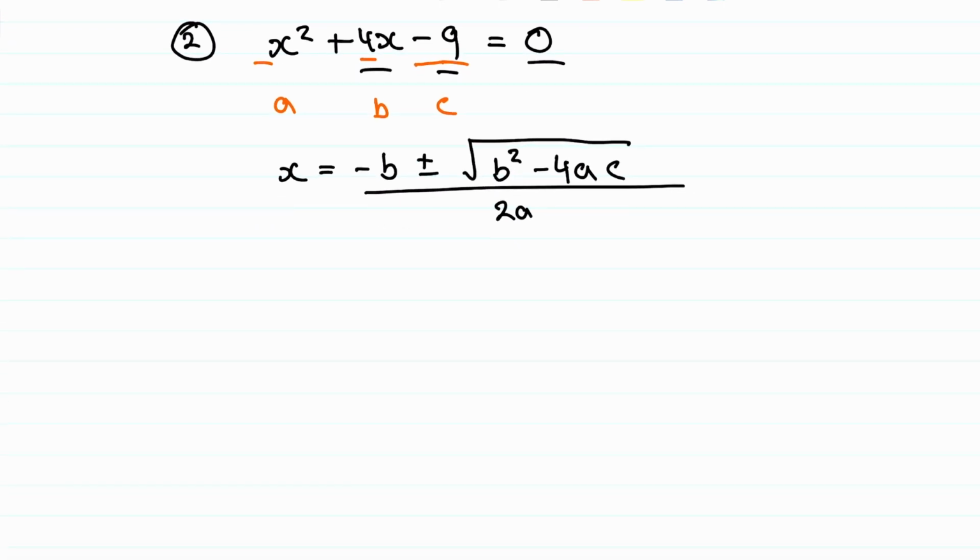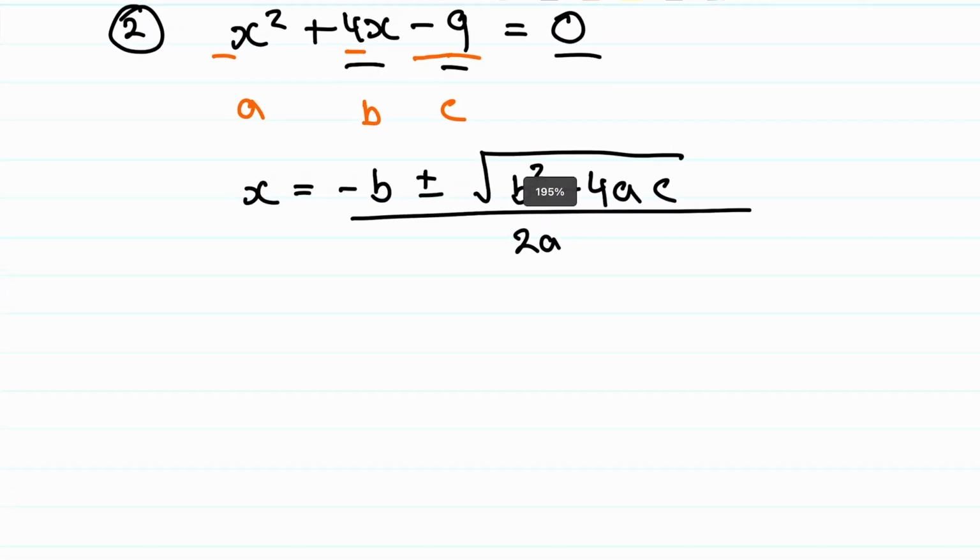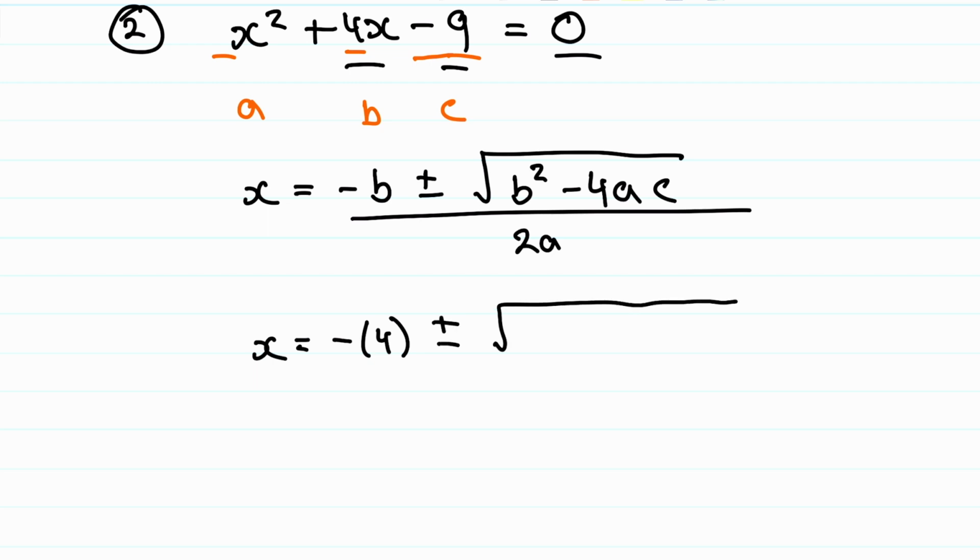So let's come back to this example then. So we know that b is positive 4, so we're going to have minus 4 plus or minus the square root of b squared, so 4 squared, minus 4 lots of a, multiplied by c, which is negative 9, so we include that negative.